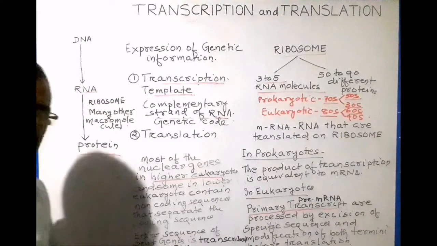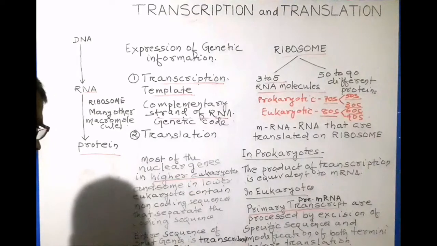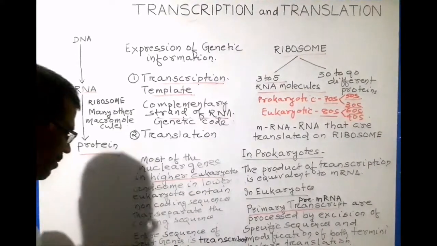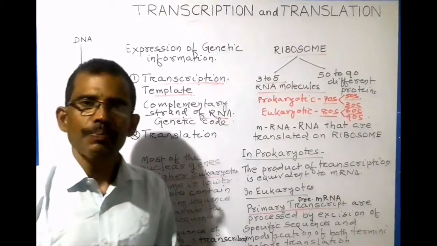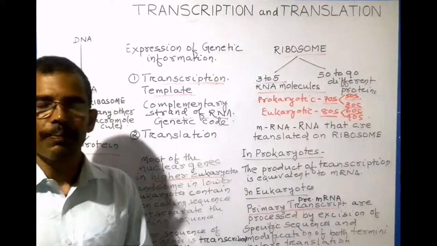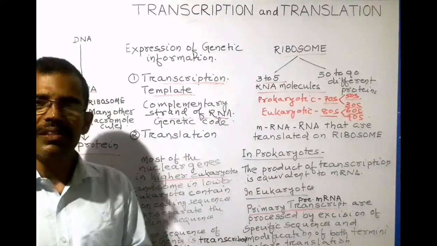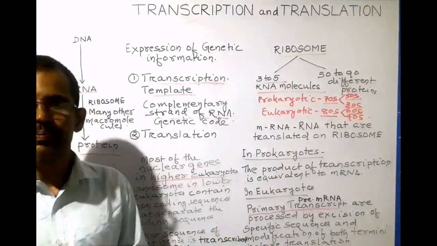So, during the process of transcription in eukaryotes, the entire sequence of split gene is transcribed to pre-mRNA. After transcription, the pre-mRNA undergo processing. During processing, the non-coding sequences are removed by splicing mechanism.